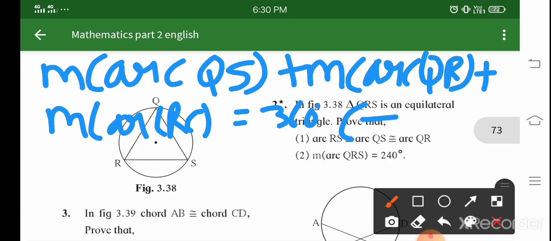You have to specify the reason: measure of a circle is 360.